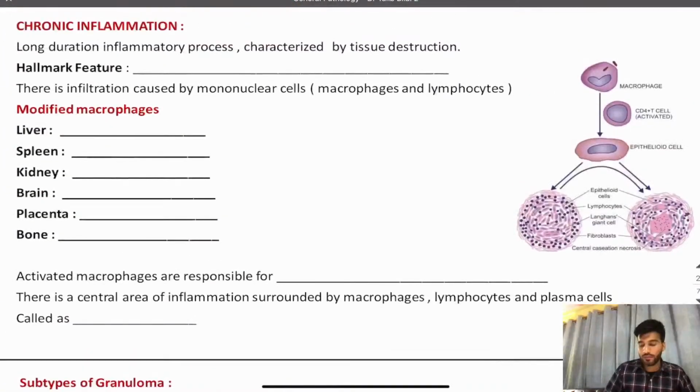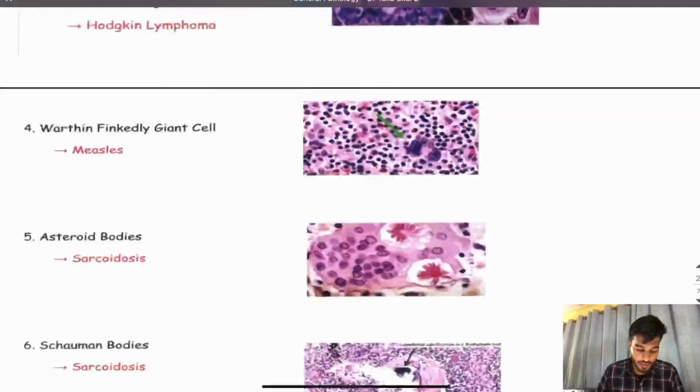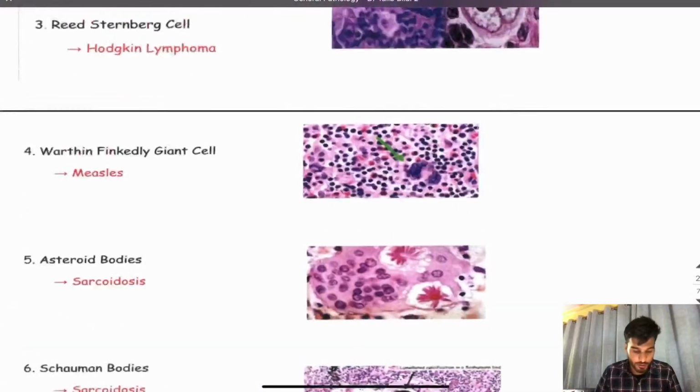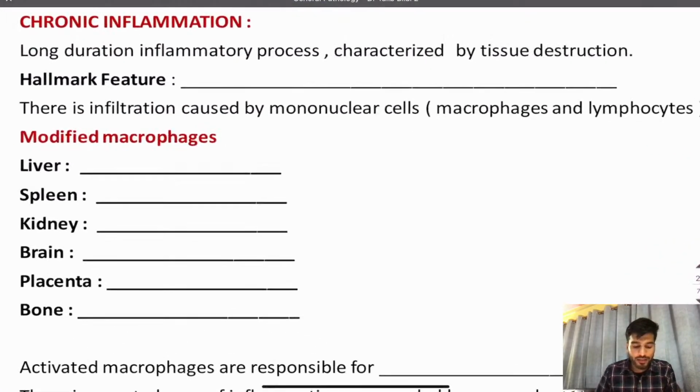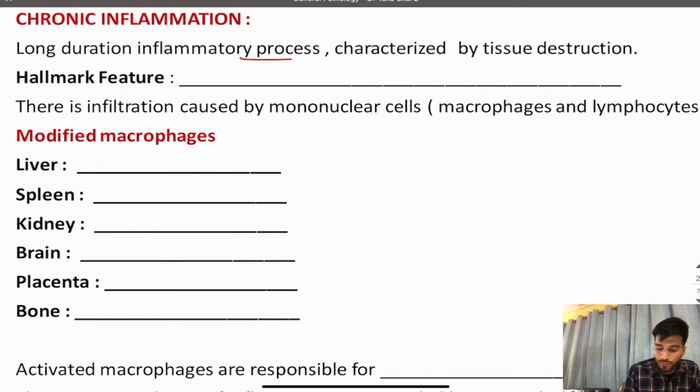Then chronic inflammation. We have 25 minutes, guys, we need to finish this inflammation, okay. Chronic inflammation is a long-duration inflammatory process characterized by tissue destruction. In acute inflammation, what was the hallmark?